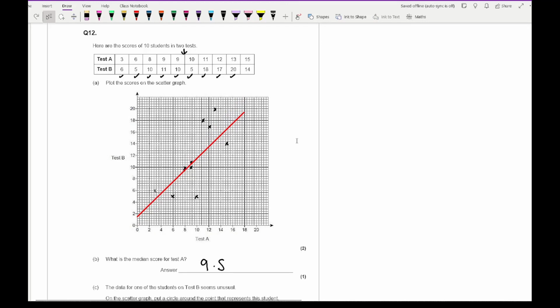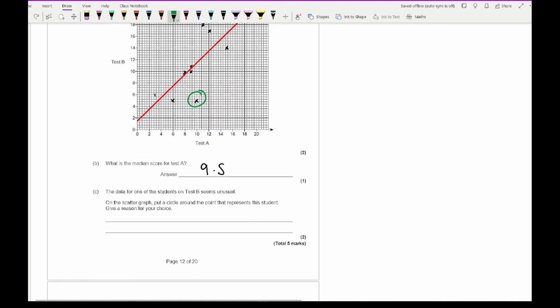So you're looking for which point is furthest away from our line of best fit, and I would say that is this one here, and that student is the 10, 5, so it's this student here. The reason for it is because it's further away from the line of best fit. And that should be fine to get you the full marks for that question.